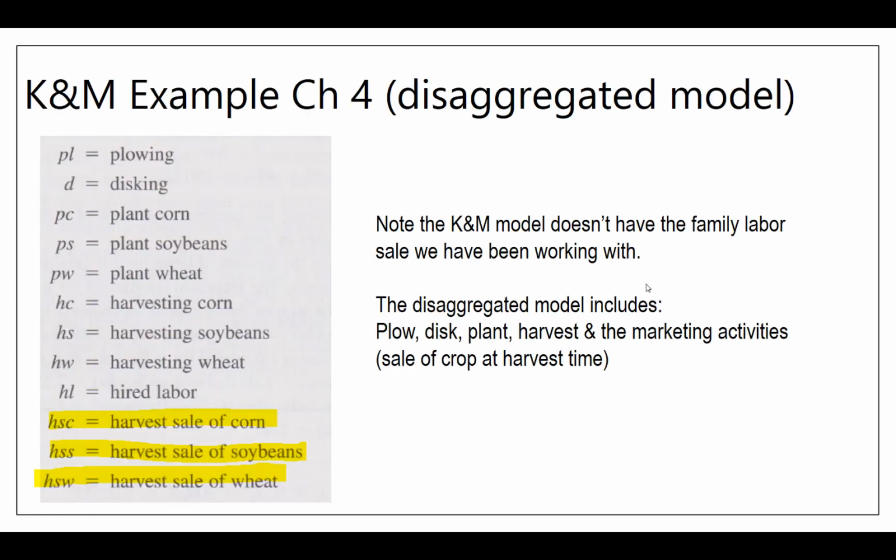And so let's start just by looking at what they have for this larger disaggregated model. I guess disaggregated in terms of the stages of production is probably the best way to talk about it.